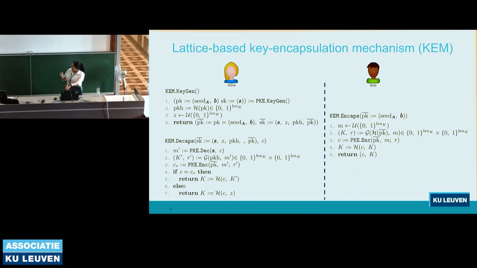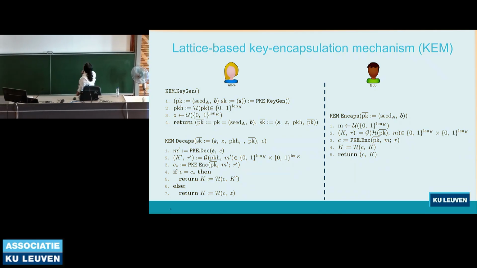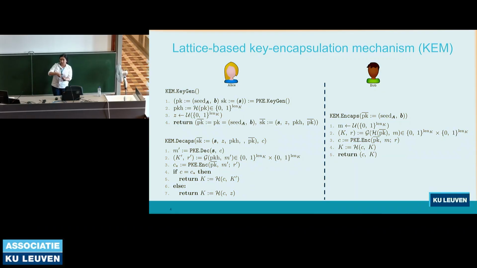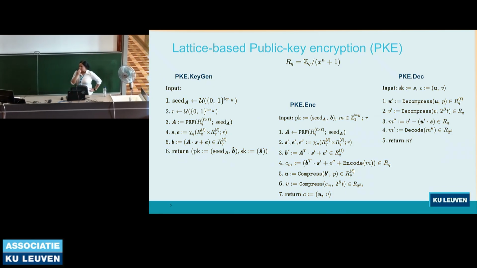However, if you notice, we are using some sub-algorithms, specifically PKE keygen or PKE encryption here, and PKE encryption and PKE decryption here. So we use multiple sub-algorithms inside it.